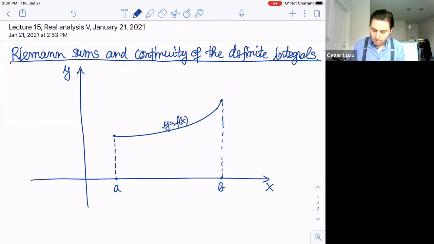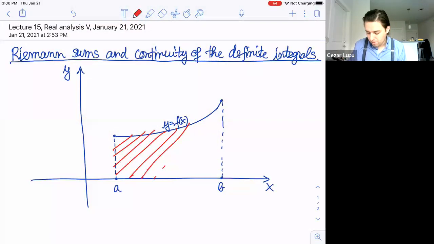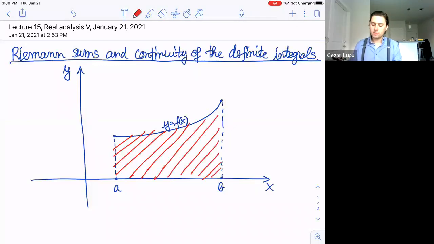And this area here will be nothing else than just the integral from a to b. So this number is the integral from a to b of f of x dx. So this will be a number.